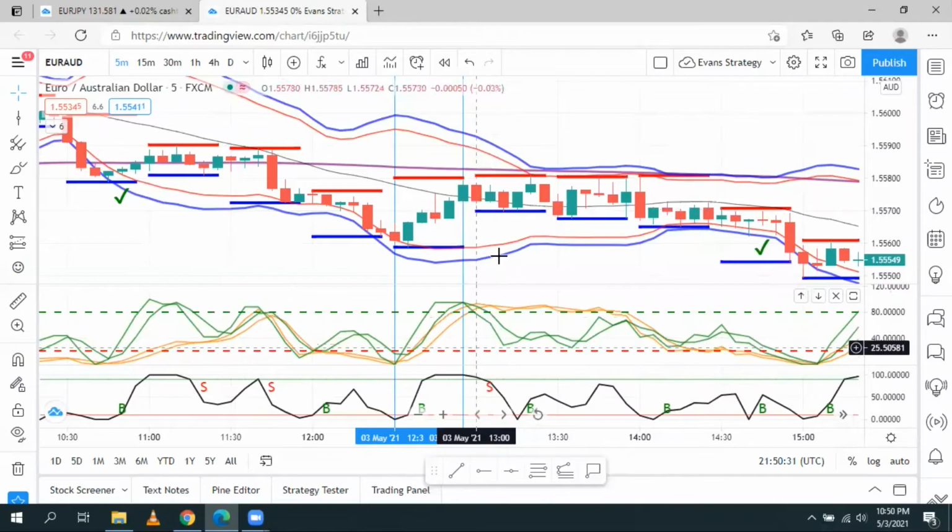How do you enter? Instantly when this DMI stochastic is touching this line, this sell will be formed, which will give you this red candle that you're seeing right here.